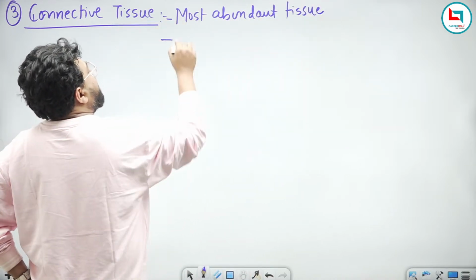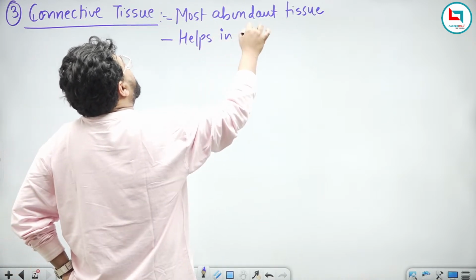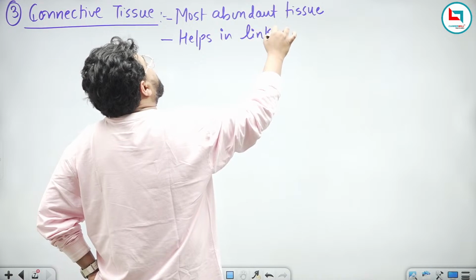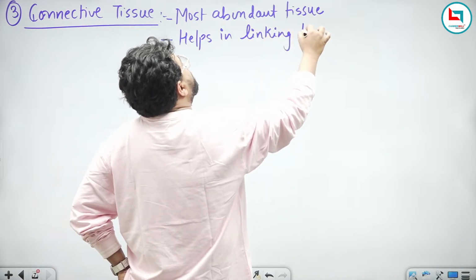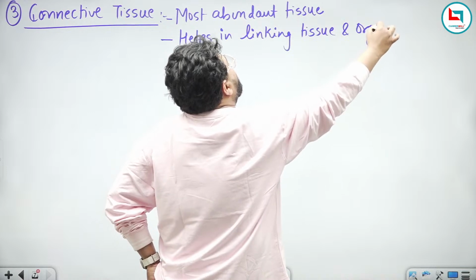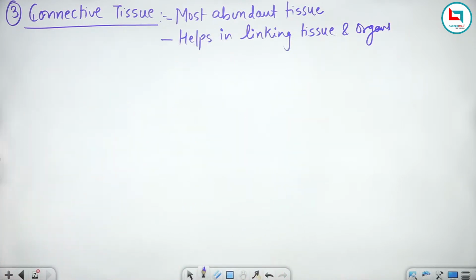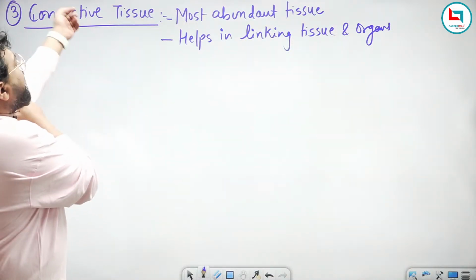Second thing is it helps in linking tissues and organs. So basically it makes connections, or it helps in maintaining the links between two different tissues or two same types of tissue and organs of our body.